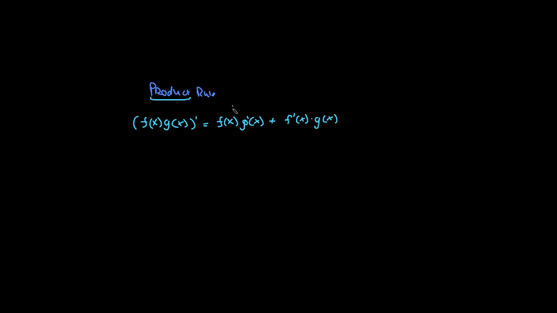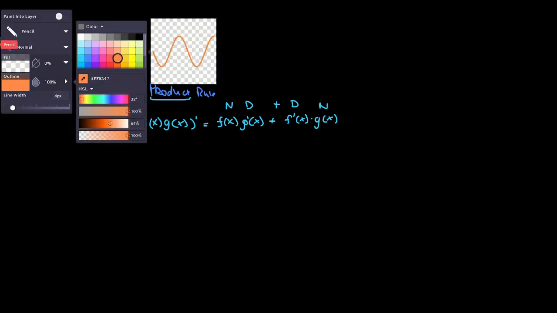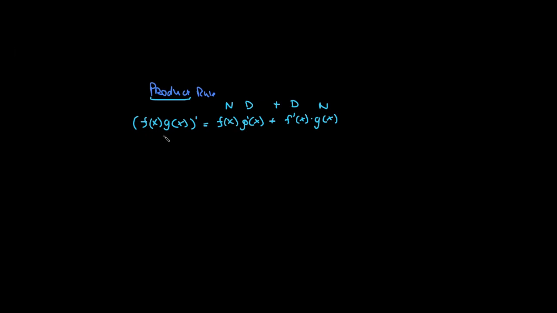So you have normal, derivative, plus derivative, normal, and you add in the center. It's just a rule to memorize. I can't really sweeten this one. But I think it's most useful to work through a couple of examples, so you get the gist.